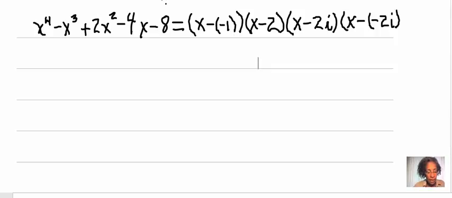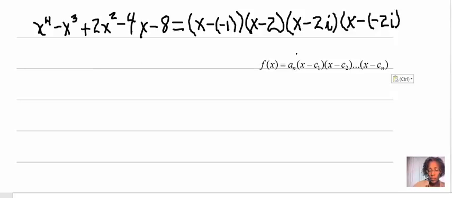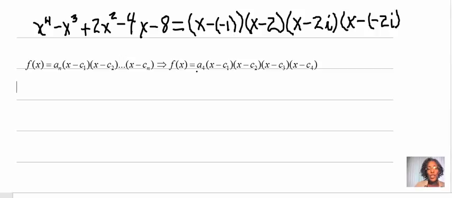And remember that factored form from our theorem stated that our polynomial could be written as a sub n times x minus c1 times x minus c2 ... x minus cn. In this case, since our polynomial was 4th degree, I'm going to change these subscripts to match our particular problem.